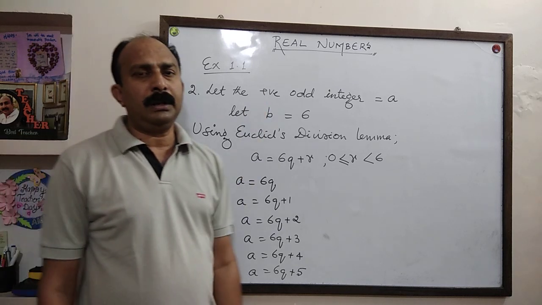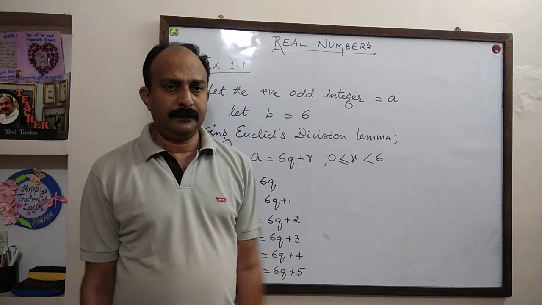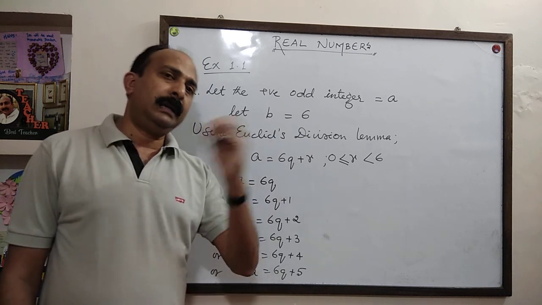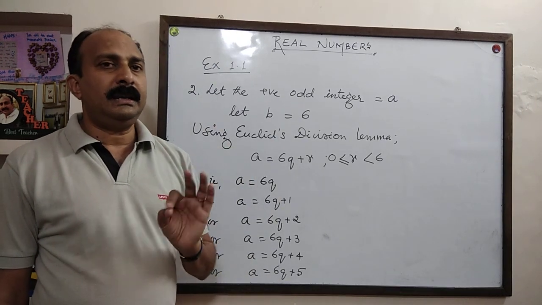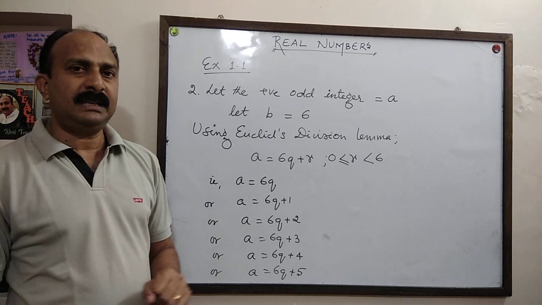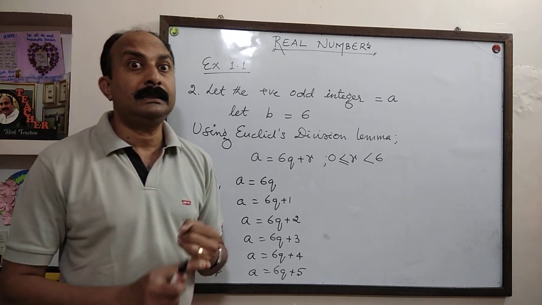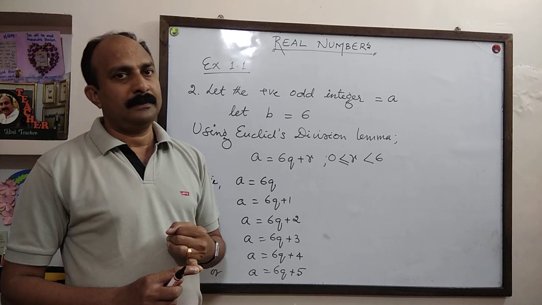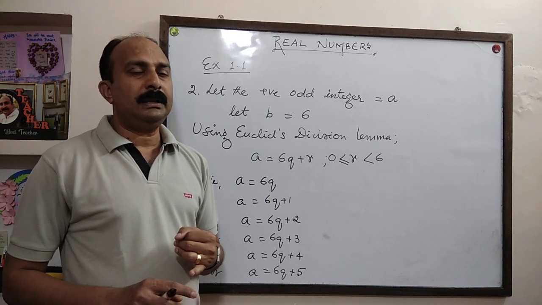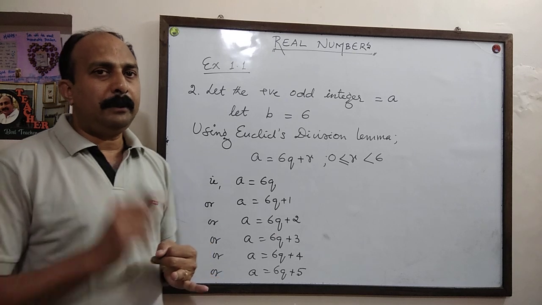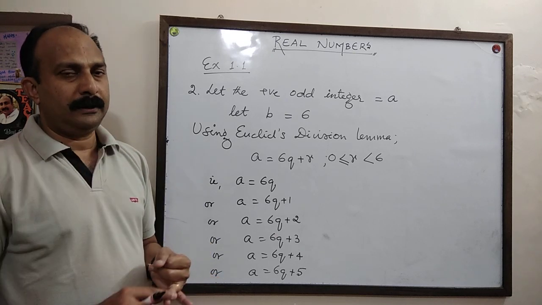Take a positive odd integer, say 9, and take an even divisor. I am taking the same 6. 9 divided by 6, remainder 3. Take another odd integer, 7. 7 divided by 6, remainder 1.